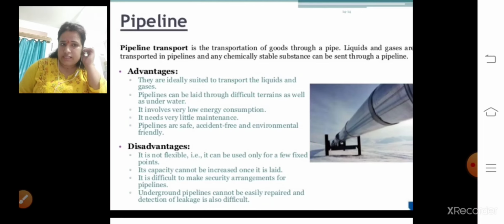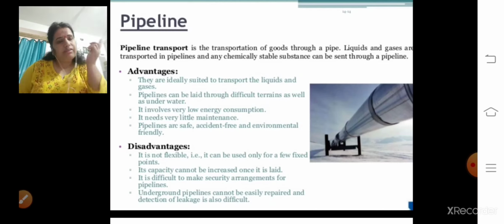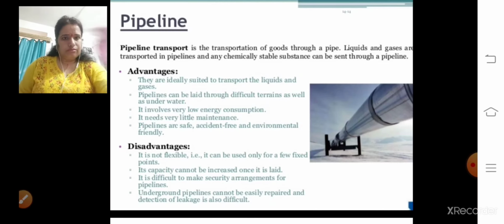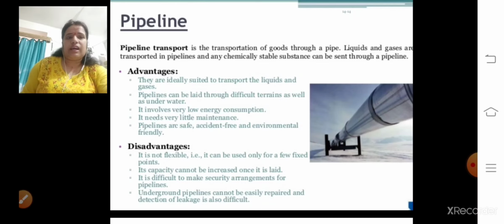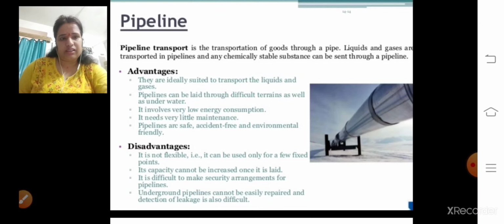The advantages and disadvantages we have done for roadways and railways, the same we do here. Pipelines are ideally suited to transport liquids and gases. Pipelines can be laid through difficult terrains as well as underwater. It involves very low energy consumption. It needs very little maintenance. Pipelines are safe, accident free and environmentally friendly.